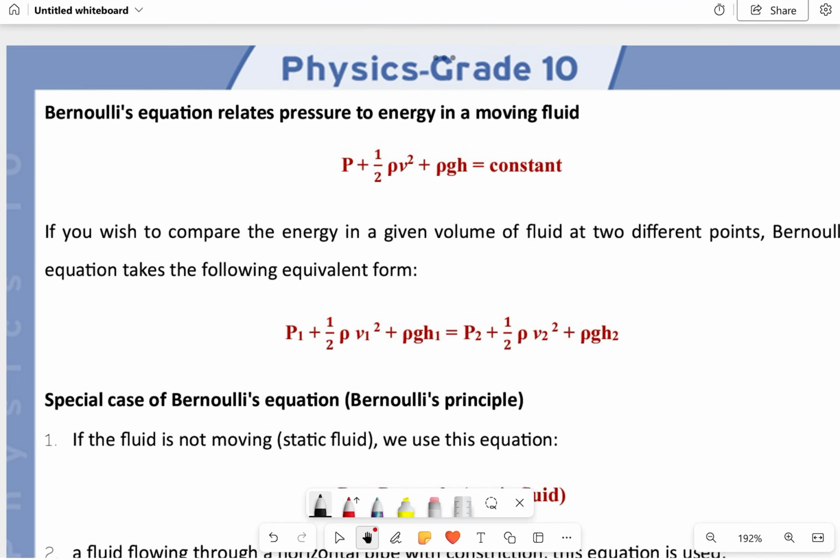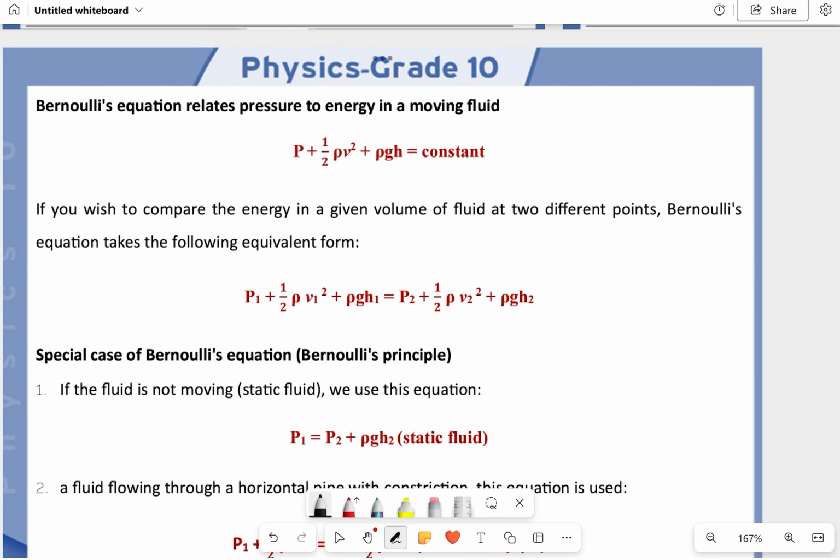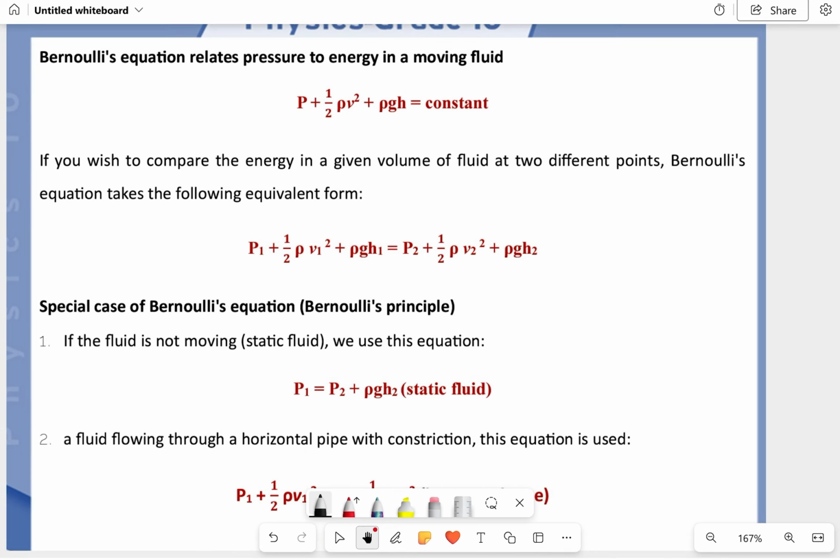Now, guys, we have these equations. Try to memorize them as you will be using them a lot in this chapter. You have Bernoulli's equation, which relates to a fluid moving. You have pressure plus 1 over 2 rho velocity squared plus rho gh, which is equal to a constant.